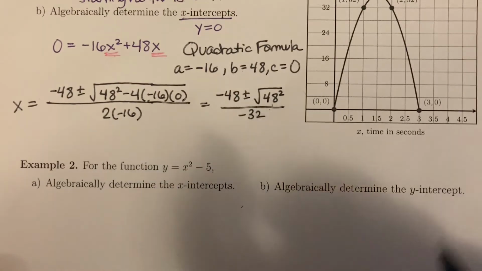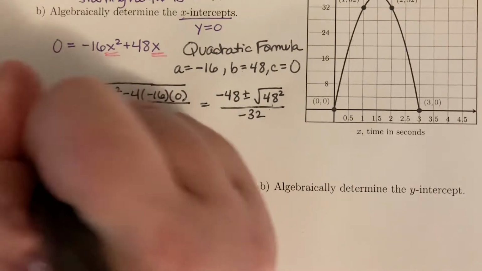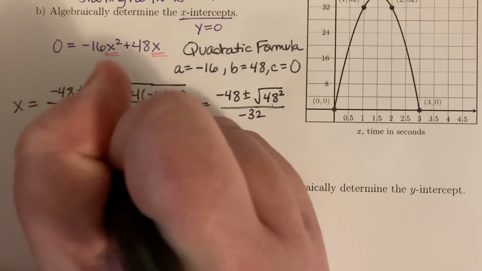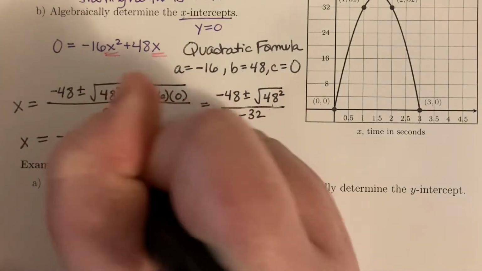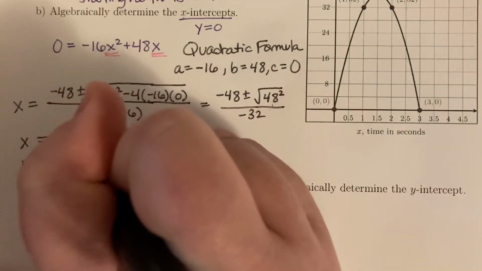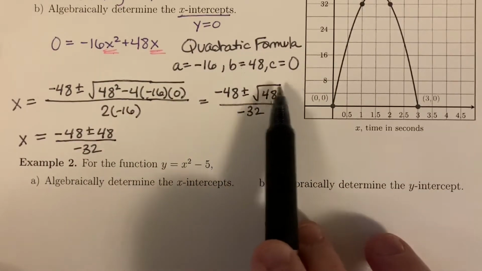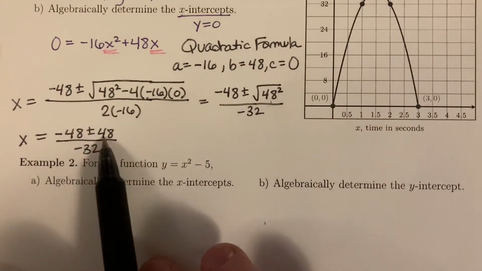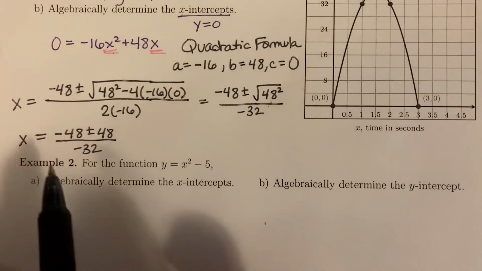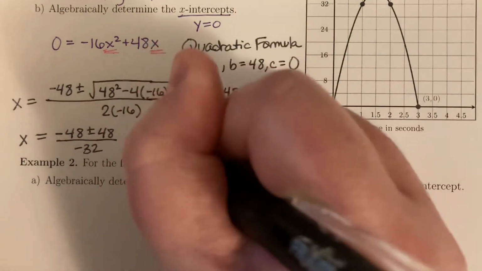So this is just 48. So what I get is that x is negative 48 plus or minus 48 all over negative 32. Right, because a square root and a squared always undo each other. So it's just 48. All right, and now we have two different answers.